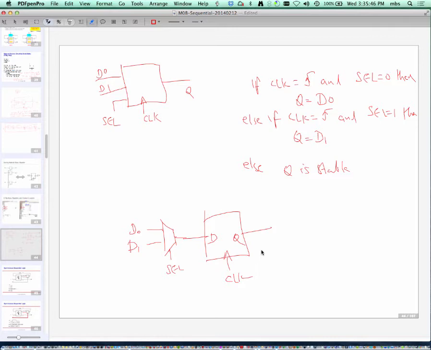I want to hear from that side of the class. One, okay. Input of what? D is not Q, right? So let's.